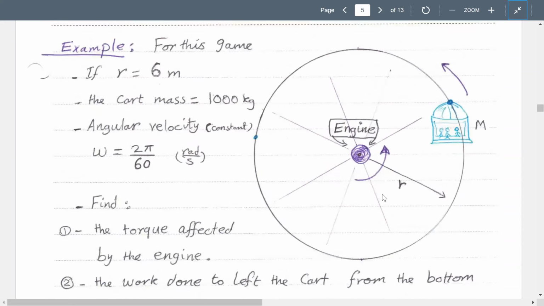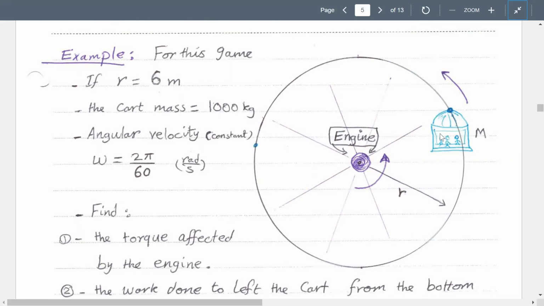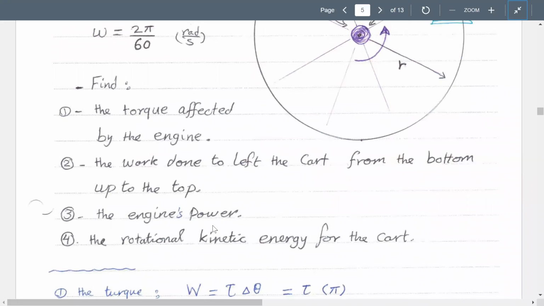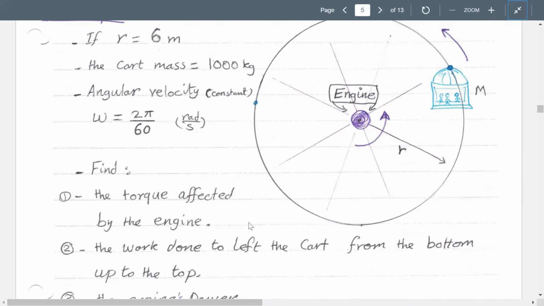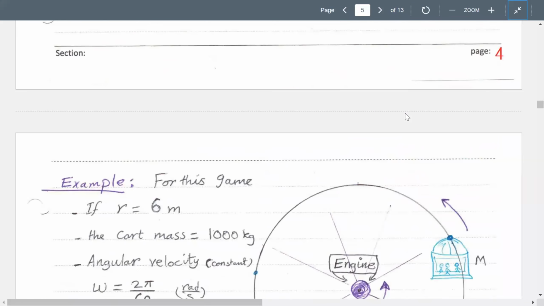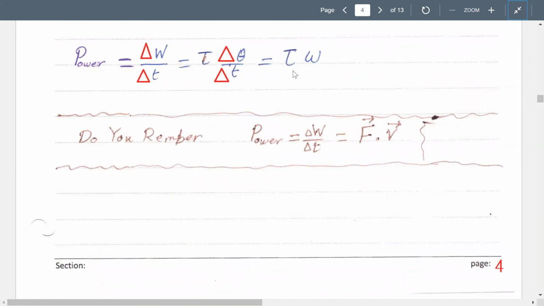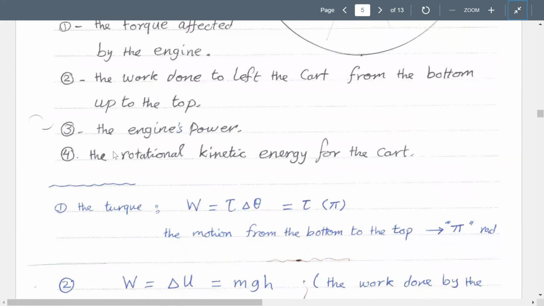We need to find the work to lift this mass from here to here. From here to here is 6 meters, the radius, but from here to the top, it's 12 meters. Then the engine's power: we have the angular velocity, and we will find the torque. The power is equal to the torque multiplied by the angular velocity. The rotational kinetic energy, we can also find it. Let us look and see the torque.